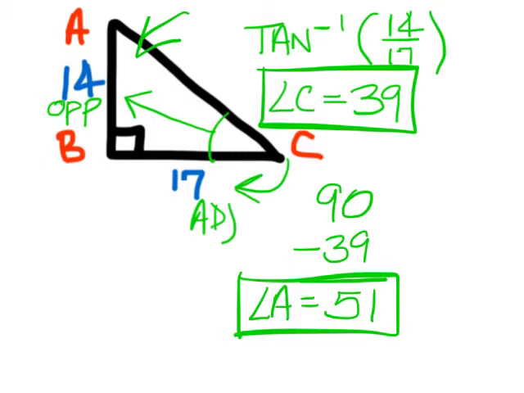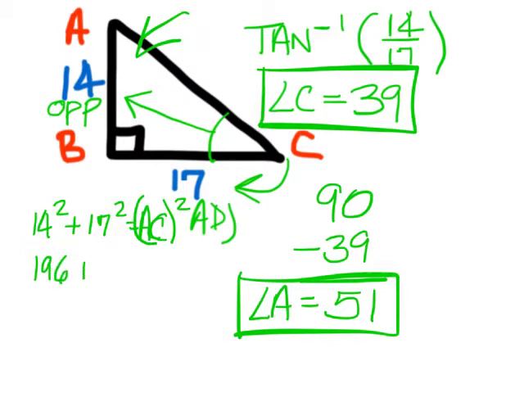Alright, so now we need the hypotenuse. You can use the Pythagorean Theorem, and that's 14 squared plus 17 squared equals, you can call it C, but it's really across from B. Let's just call it AC. AC squared. 14 squared is 196, and 17 squared is 289.